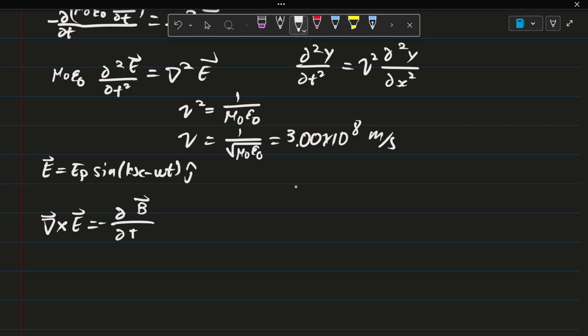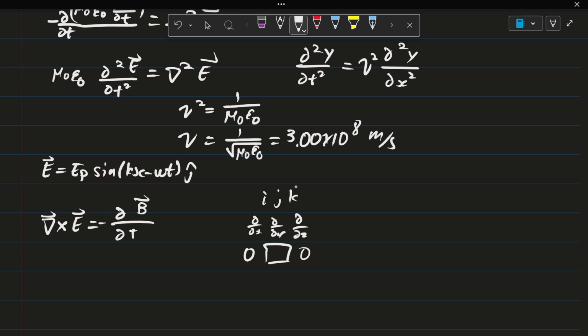So taking this cross product, what we'll have is this i, j, k, and there's the partial over partial x, partial over partial y, partial over partial z, and then there's nothing here, 0, 0, and then this is where our E_P sine(kx minus omega t) is located.